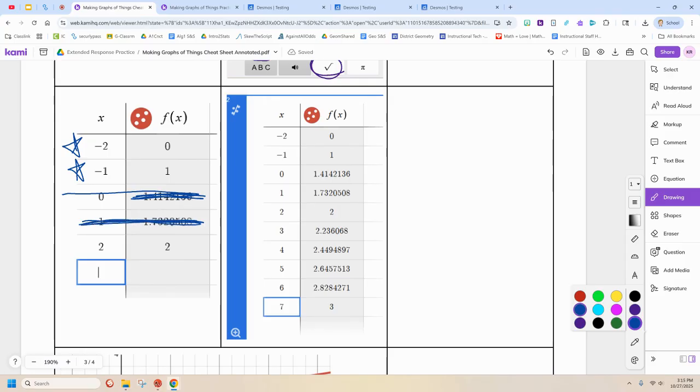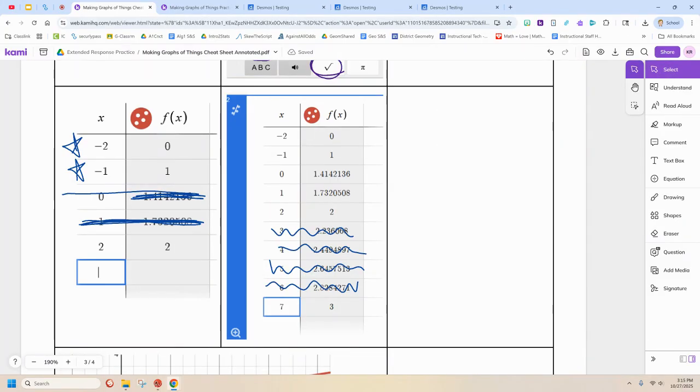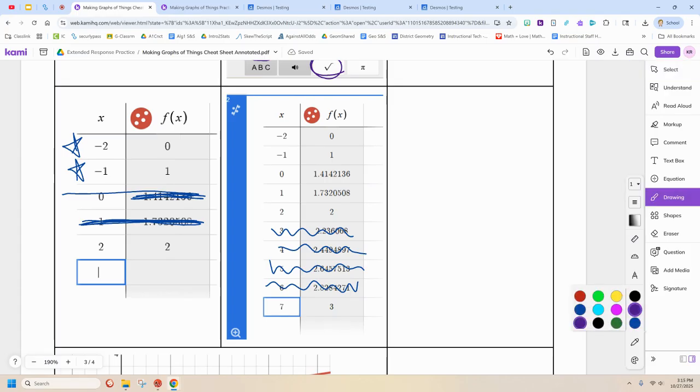As I continue to put in more and more values, I'm getting more and more garbage. In essence, if I delete those out of my table, I'm going to see just the points I want to graph, or I can just focus on the table to help me graph those points. So notice that I'm starting at -2 in the x's and I'm stopping at 7.